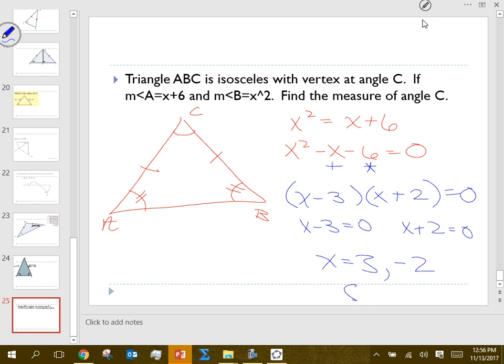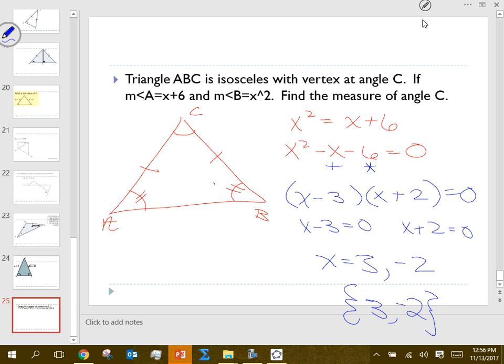If you remember last week our discussion, we could write our answers this way, as a set. But what we want to do, we want to find angle C, right? X is not angle C. X isn't even angle A or angle B. I need to plug these answers back in and see if I get true information. And then if I get true information, where does that lead me for C?